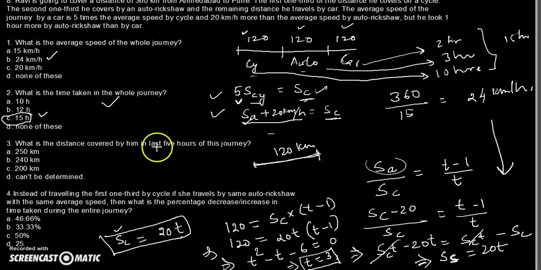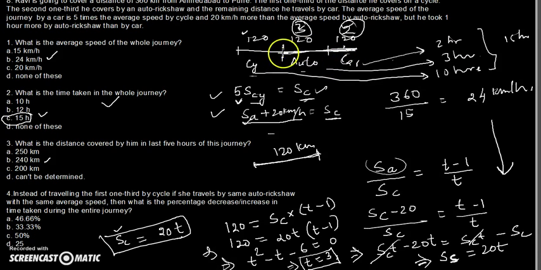Now what is the third question? What is the distance covered by him in the last 5 hours? You already know that the car journey was for 2 hours, and the auto journey was for 3 hours. So in the last 5 hours of the journey, how much distance did he cover? 120 plus 120, simple, 240. Nothing else. You need not take the time and then multiply with the speed of the car.